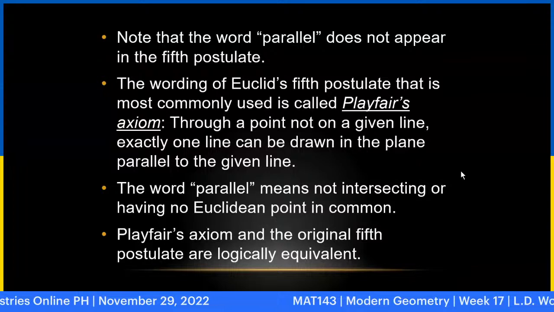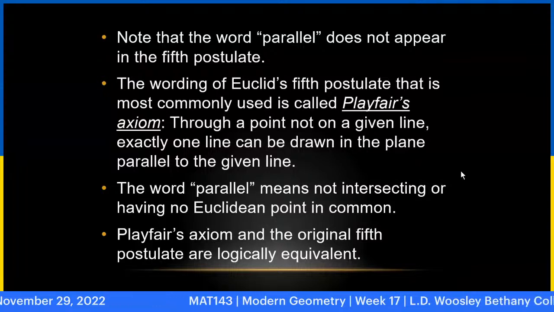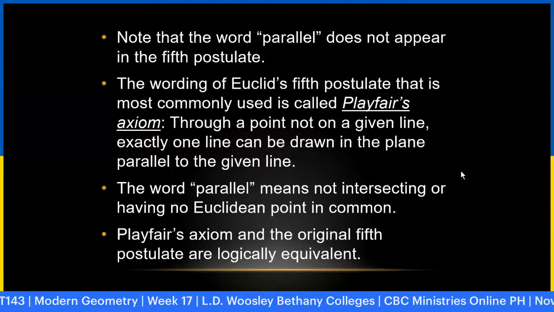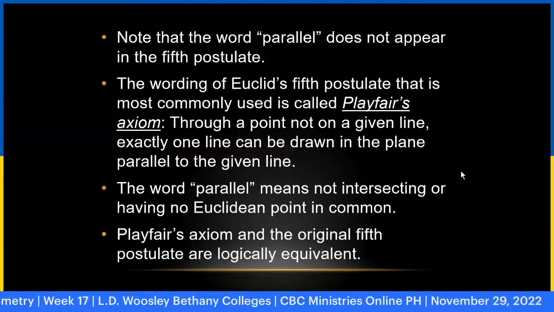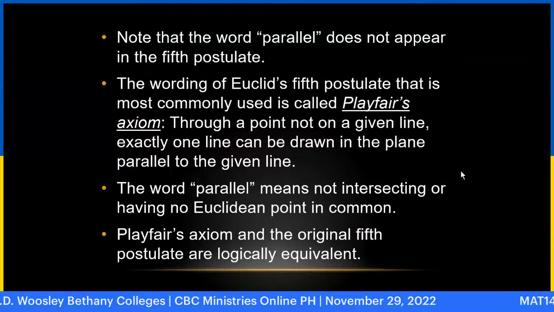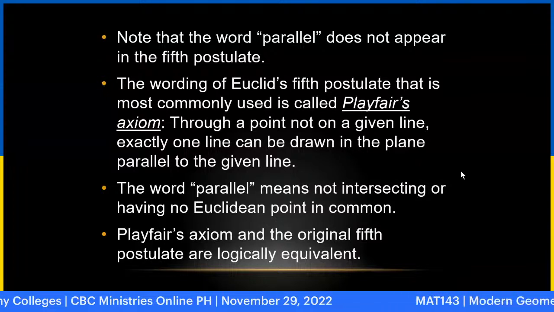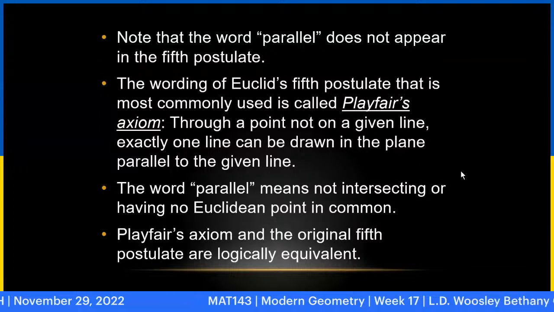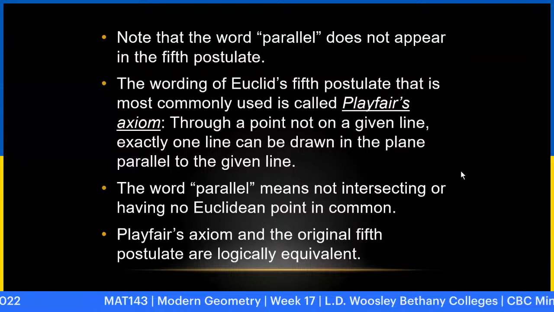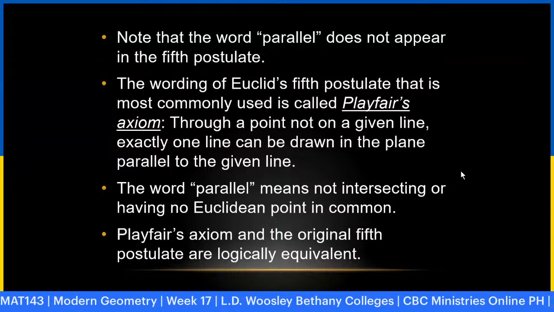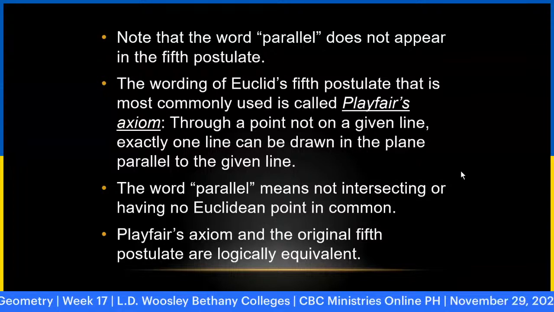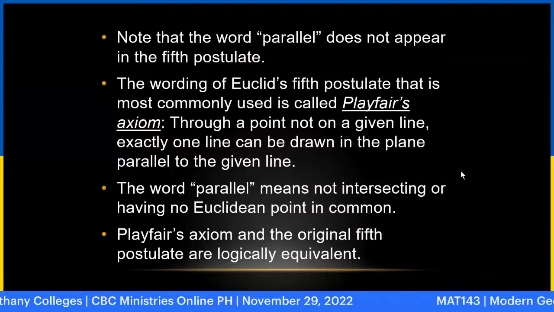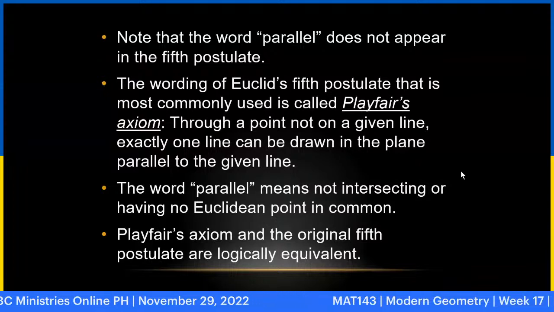Now the wording of Euclid's fifth postulate that is most commonly used is what we call Playfair's axiom. So Playfair's axiom says that through a point not on a given line, exactly one line can be drawn in the plane parallel to the given line. That's Playfair's axiom. That's the Playfair equivalent of the fifth postulate of Euclid. Right?